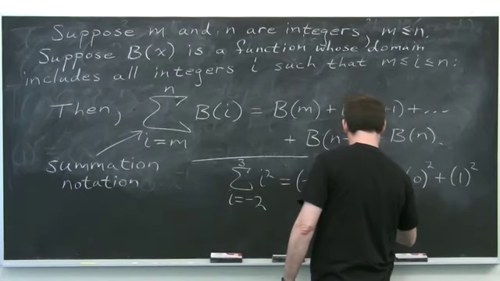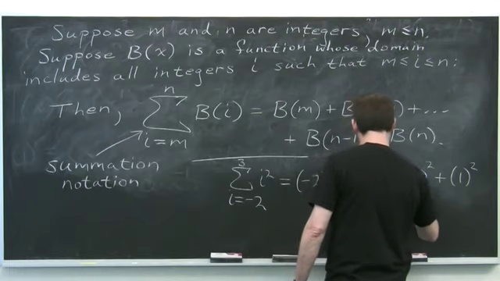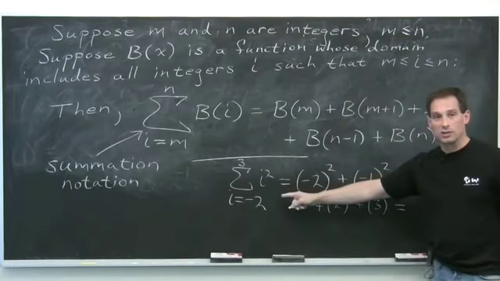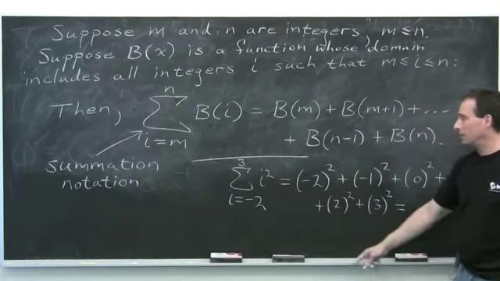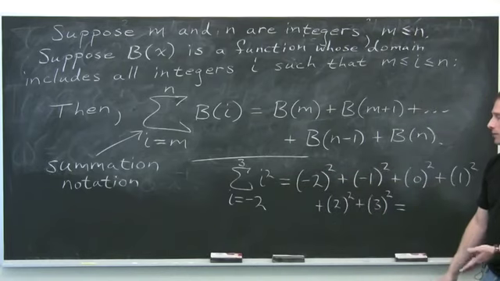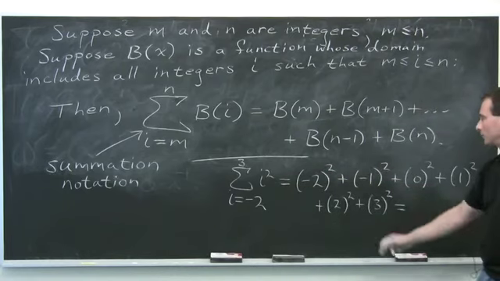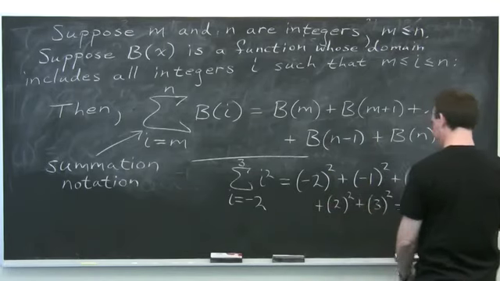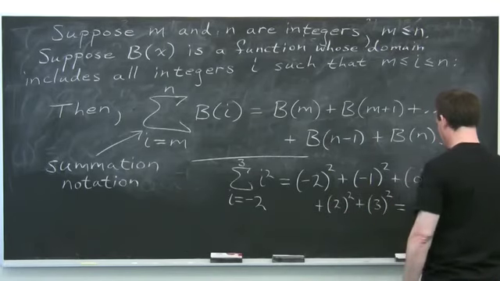I don't really care what this adds up to. I guess I'll work it out. But the point is that the summation, that thing with the sigma in it, the sum as I goes from minus 2 to 3 of I squared, means this, whatever it comes out to be. What is this? 4, 5, 6, 10, 19.